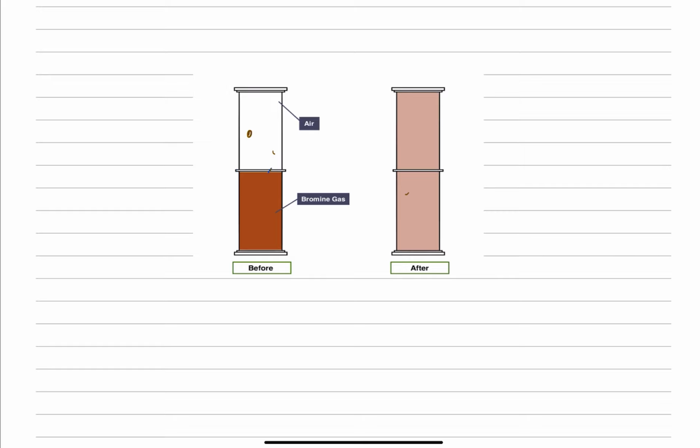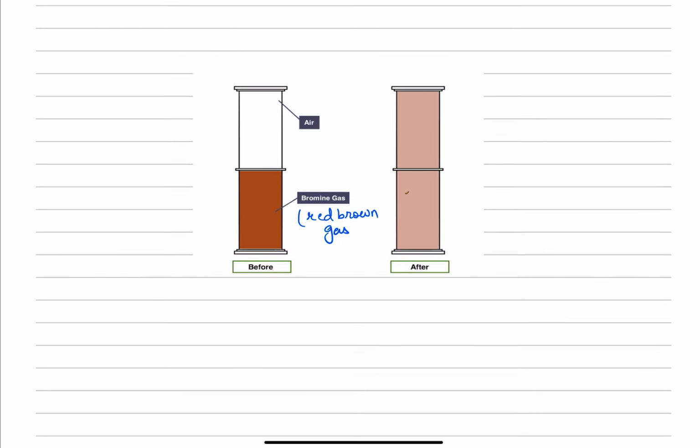This red-brown gas diffused and formed a light brown color in both jars. This is also demonstrating the concept of diffusion. So there can be an MCQ on this, asking what you can predict will happen after a few minutes. You would say that there would be a light brown gas in both the glass jars. Let's look at experiment number 3.